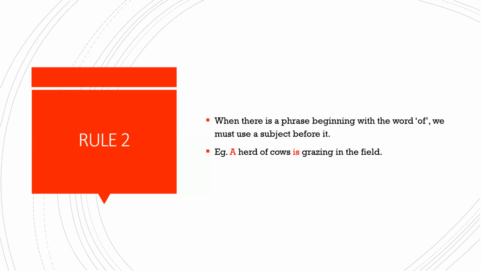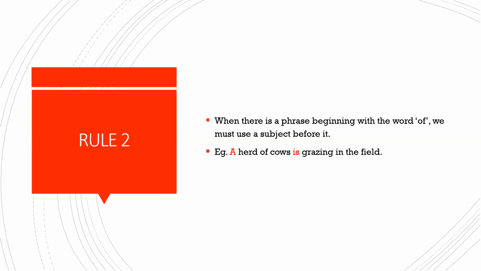So what you need to remember in this case is that we are not looking only at one word in a sentence. We are considering the meaning of the entire sentence. So we have a herd of cows. We are not looking only at the word cows, which is plural, of course. We are looking at that entire phrase, a herd of cows. How many herds? One.